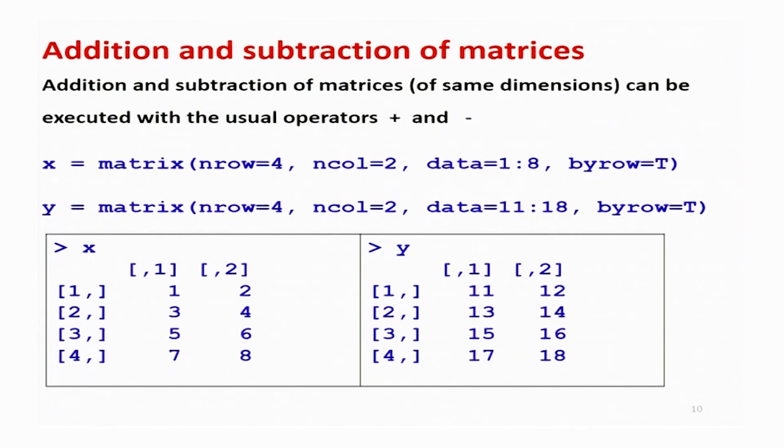Now, after this I come to a very simple aspect: addition and subtraction of matrices. That means I take two matrices and see how R does the addition and subtraction. Remember one thing: when we do matrix addition and subtraction, that means two matrices are added or subtracted, this is done following the rules of matrix theory, in which both the matrices should have the same order.